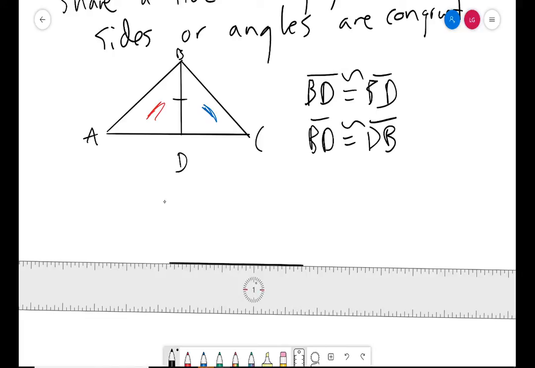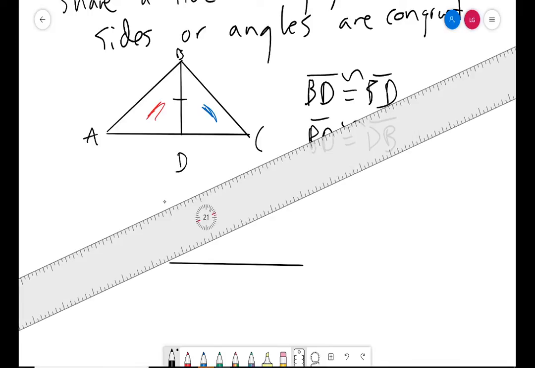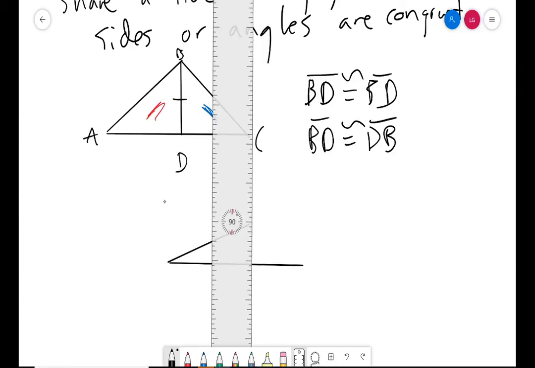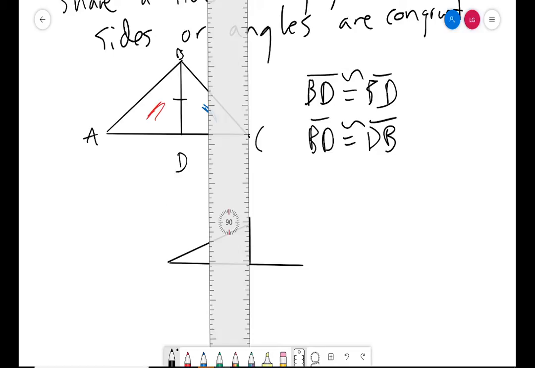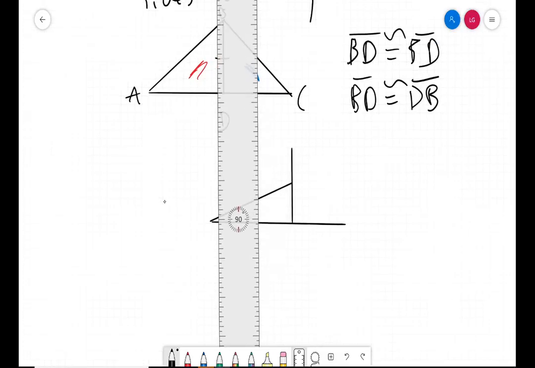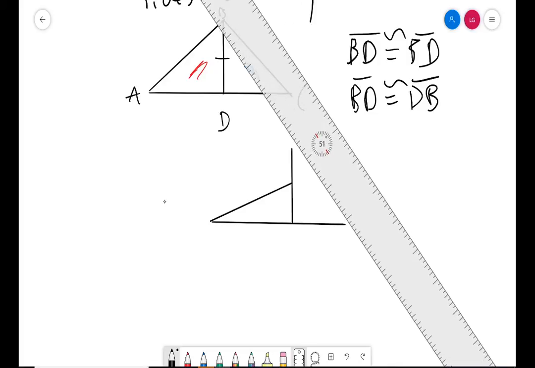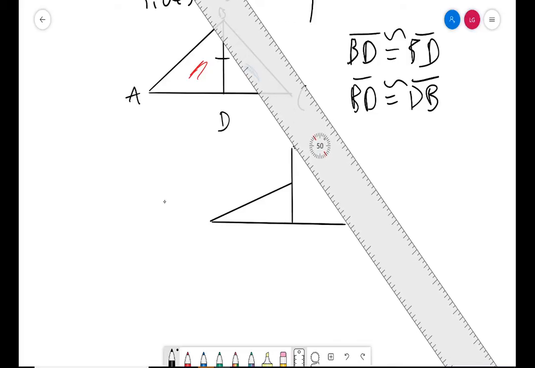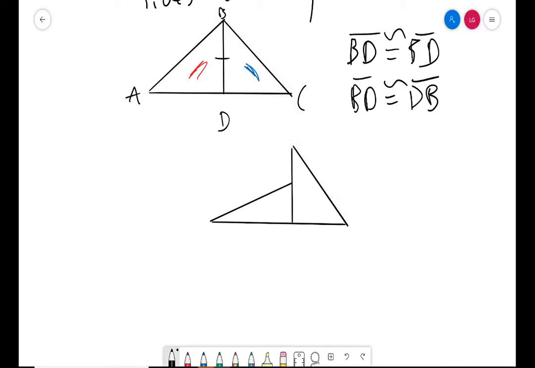For example, though, if we had this, there are similarities to what I'm drawing here, but hopefully it's visibly quite different as well, where this side is not congruent to this side, right?